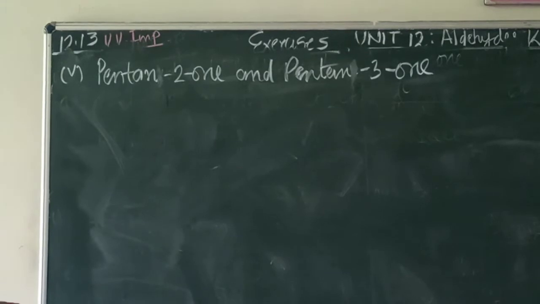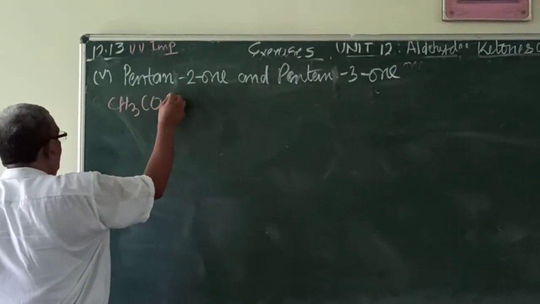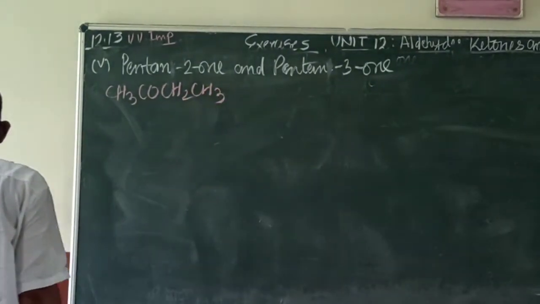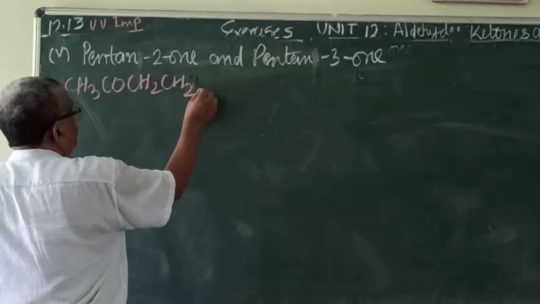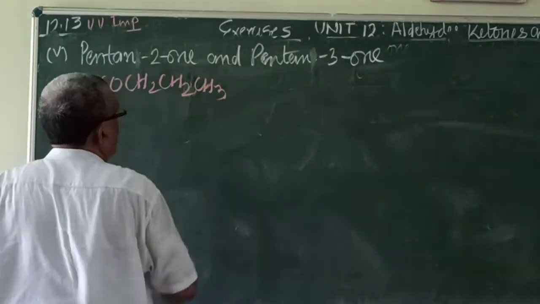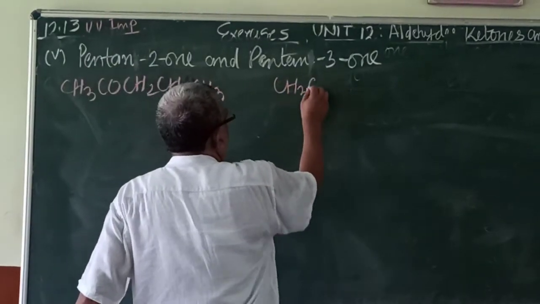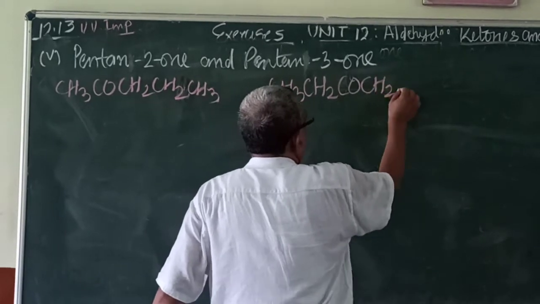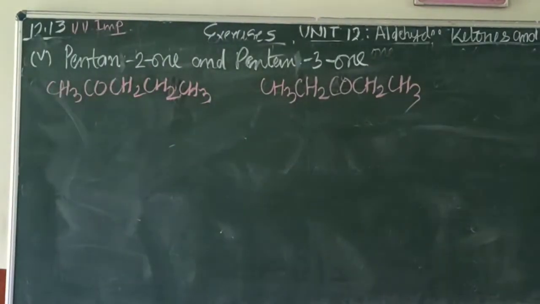Write the structure please. Pentan-2-one is CH3COCH2CH2CH3. Now what is pentan-3-one? CH3CH2COCH2CH3. I believe you are understanding this.